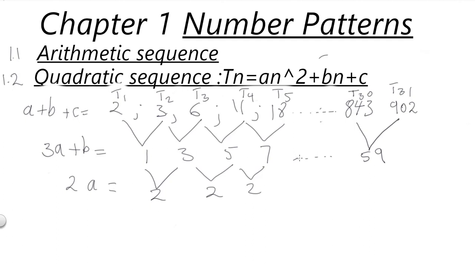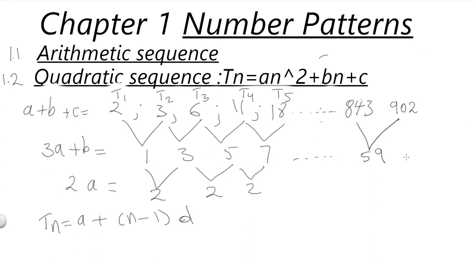The first difference of a quadratic sequence is a linear sequence, which is Tn equal to a plus n minus 1 times d. In case I didn't know which term is 843 and which term is 902, they can say to you, this is also a sequence.